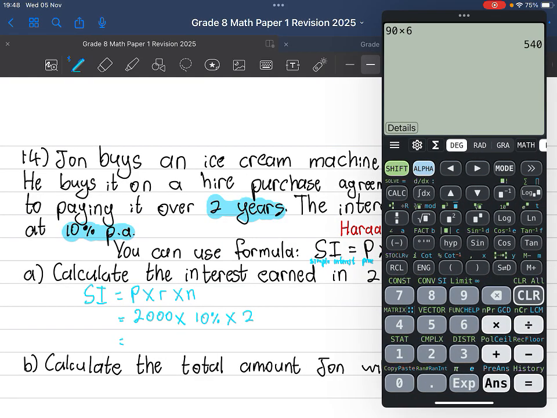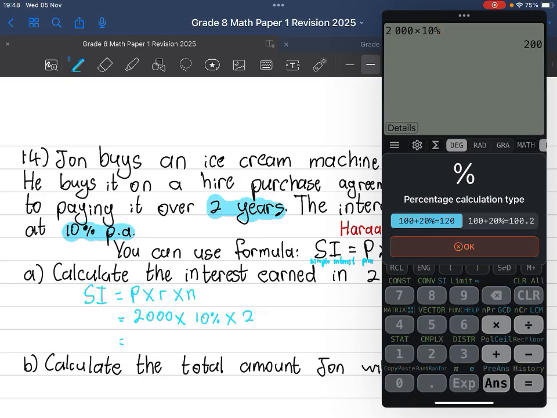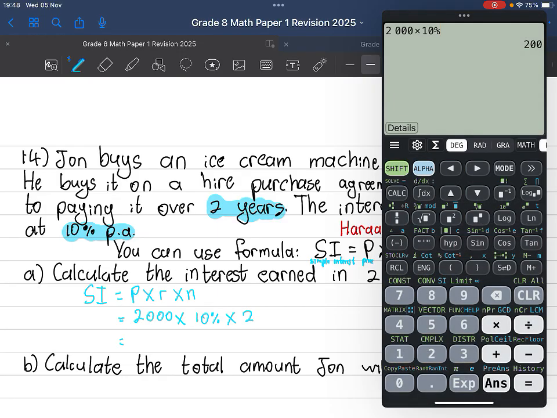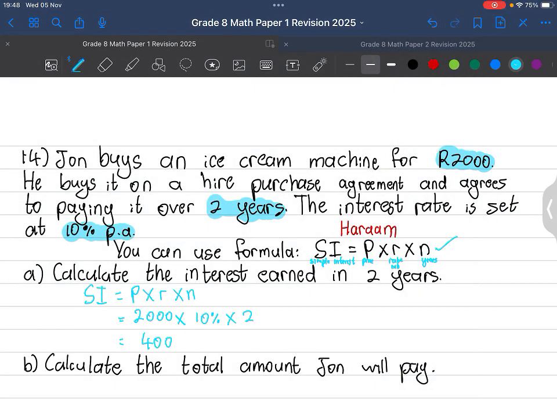And John's simple interest value will then work out to 400. So the simple interest value is 400 Rand.